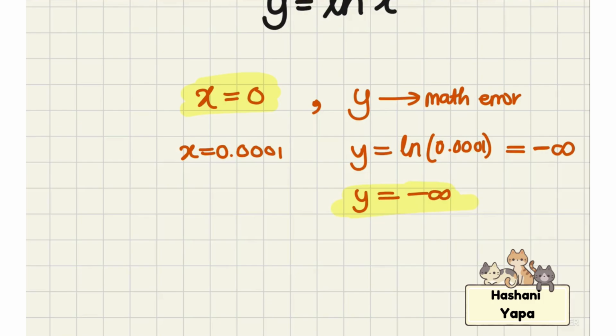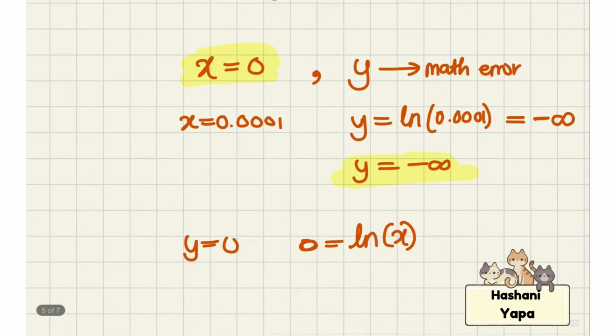So let's start with what happens when y equals 0. So 0 equals ln x.